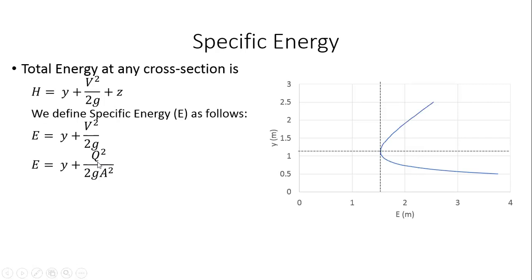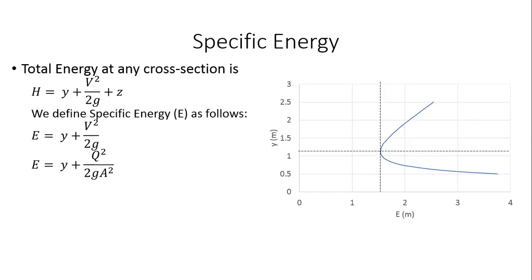I used a certain value of q, and I tried different values of y. I assumed the cross section was trapezoidal or rectangular. You can do it for any cross section; it doesn't matter. As long as you know the relationship between a and y for that particular cross section, you can very easily create this curve for a given flow rate.